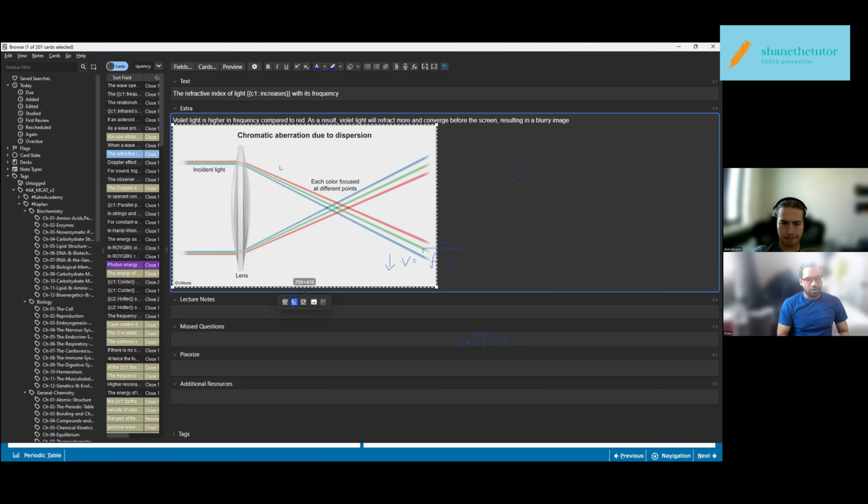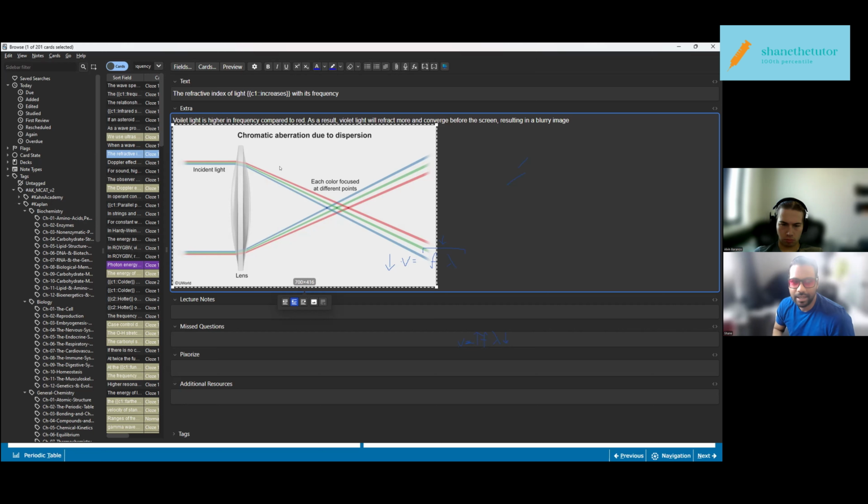So what you see in this chromatic aberration due to dispersion, the dispersion is the separation of the incident light, which is going to be white light. They drew it as kind of like a rainbow even as an incident wave, but what we're seeing here is the dispersion. It's easier to conceptualize in terms of wavelength.